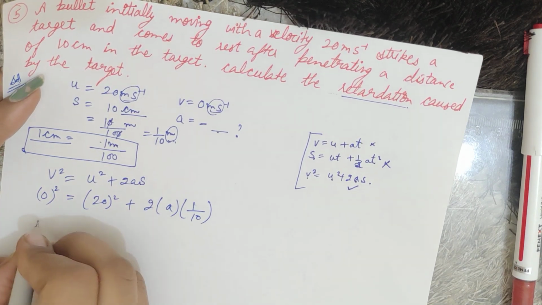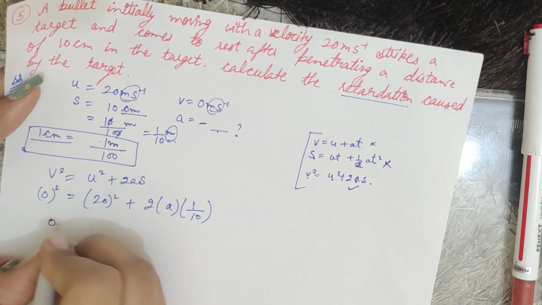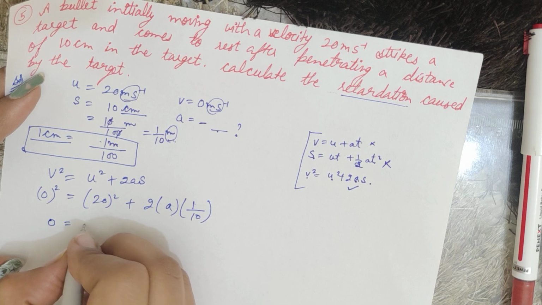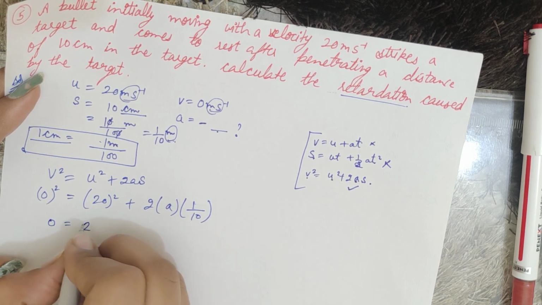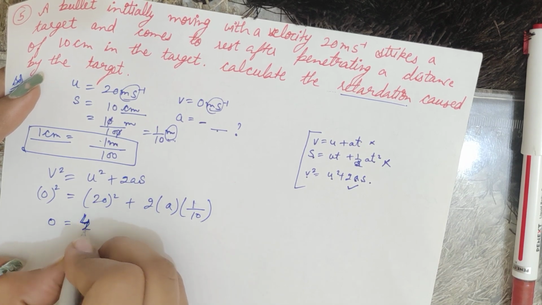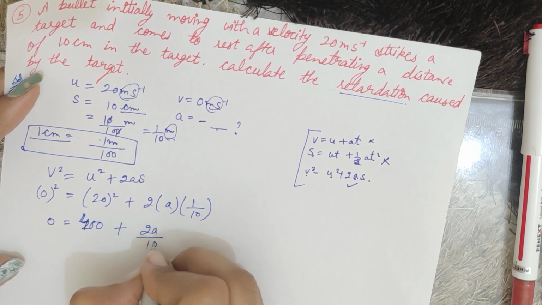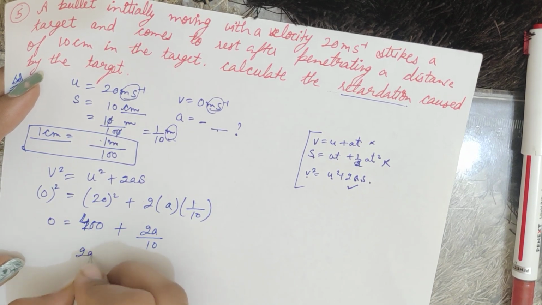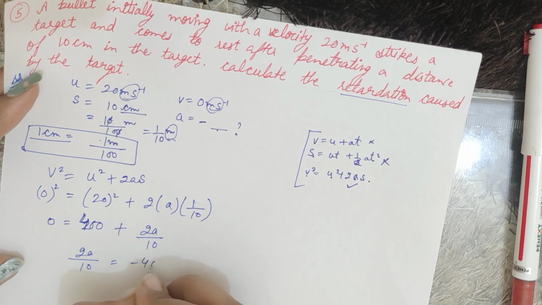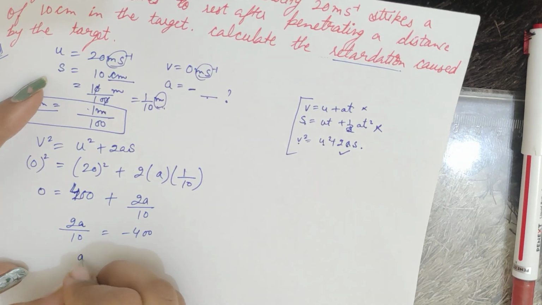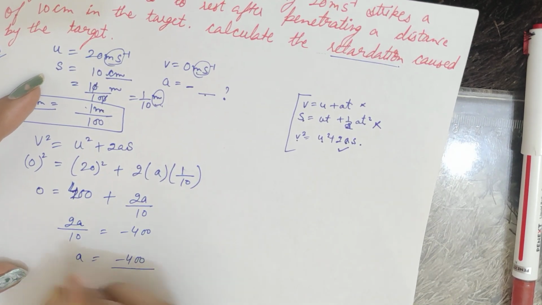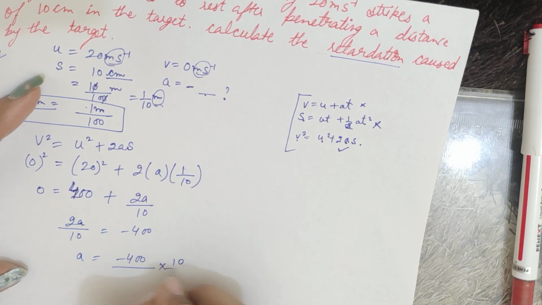Next, 0 equals 20 square, 400, plus 2a by 10. 2a by 10 equals minus 400. a equals minus 400 times 10 by 2.